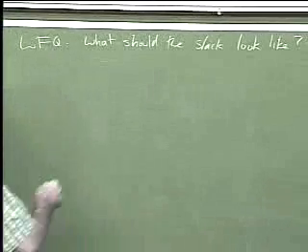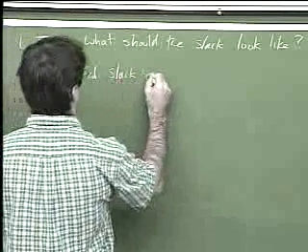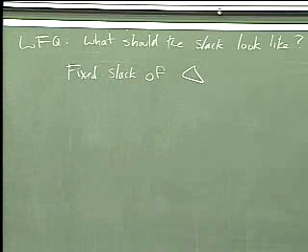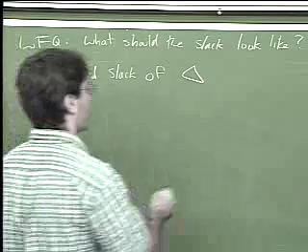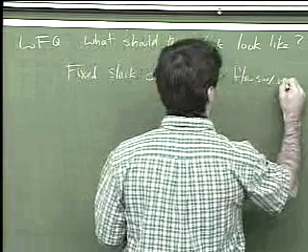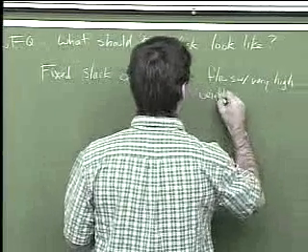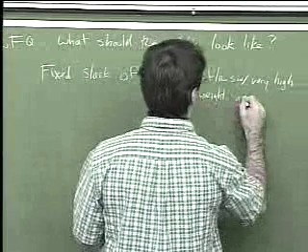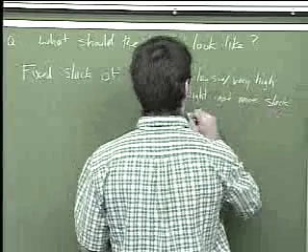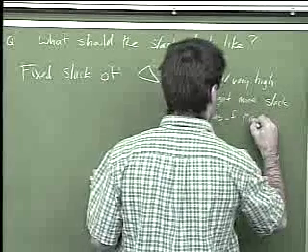You can have a fixed slack of delta. Right? Which would say that flows with very high weight get more slack in terms of raw number of packets.